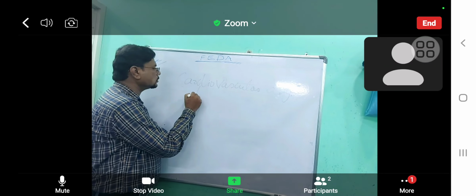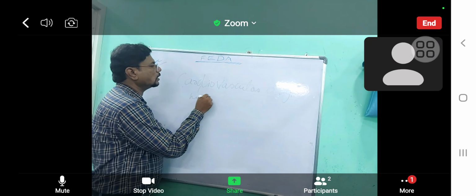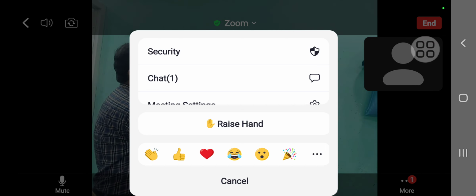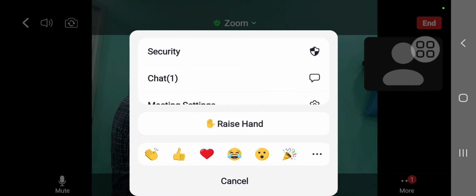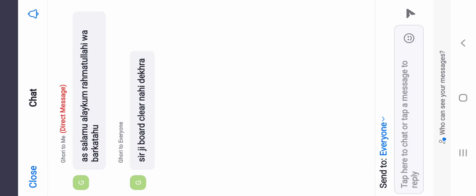So cardio means heart, vascular means blood vessels, and what are the different drugs which act on these two organs.